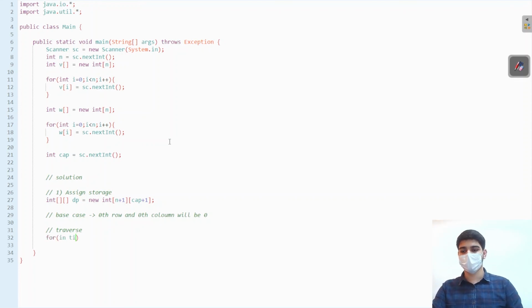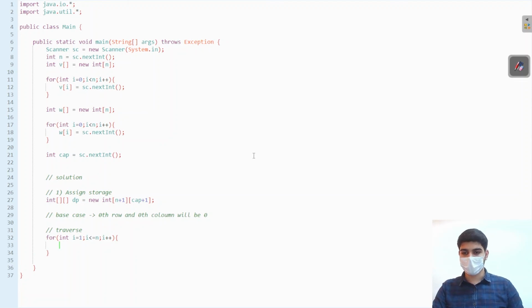We traverse through the columns from 1 till the capacity for each and every element. So we process each and every element one after the other. So the very first loop would be for all the elements, going from 1 till n, because the 0th row is our base case.